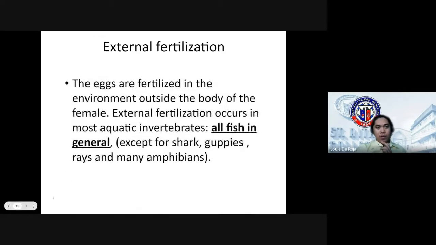Okay? The eggs are fertilized in the environment outside the body of the female. External fertilization occurs in most aquatic invertebrates, all fish in general, except for sharks, guppies, rays, and many amphibians. But lahat ng fish in general ay gumagawa ng external fertilization.